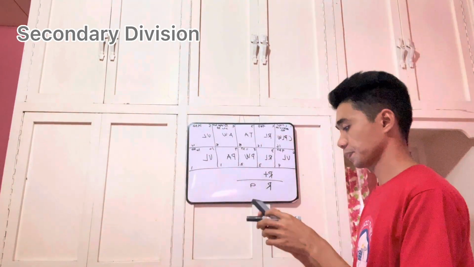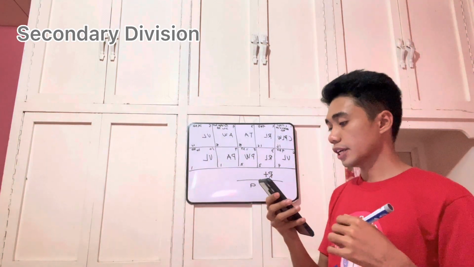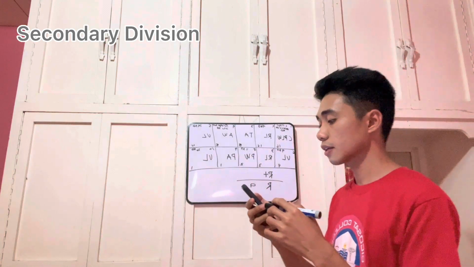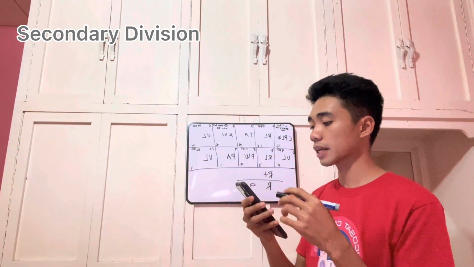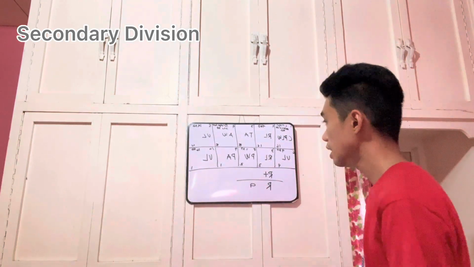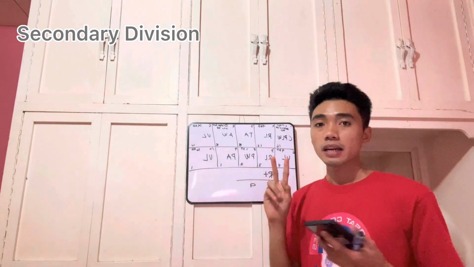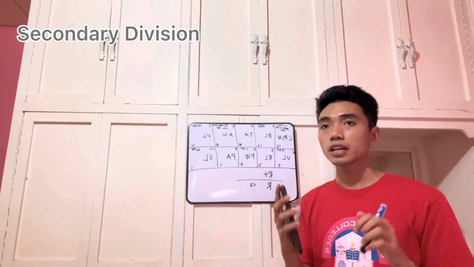So, another is small letters only. Radial loop, plain arc, and tented arc patterns are included. So, dito na yung sinasabi na nating RAT. Dito na sa secondary division.